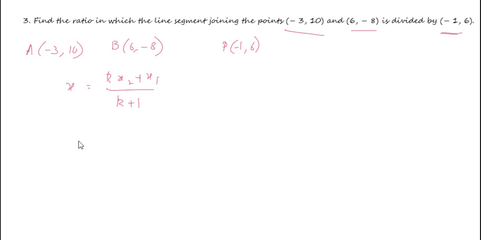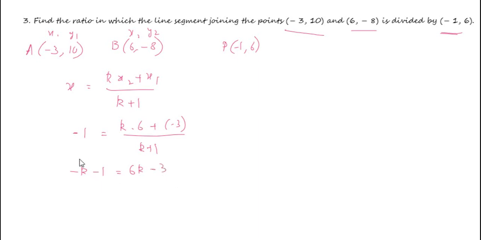We know x, that is minus 1. Minus 1 equal to, we don't know k, we have to find out, x2. This is x2. x2 equal to 6, k into 6 plus x1. x1 is minus 3, divided by k plus 1. Let us multiply k plus 1 with minus 1. So minus k minus 1 equal to 6k minus 3.